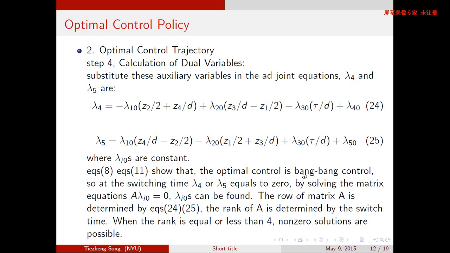In order to find non-zero solutions for lambda_i0, we need to make sure that the rank of A is smaller than or equal to 4, since we have 5 different unknowns in this case. So the rank of A should be equal to or less than 4.